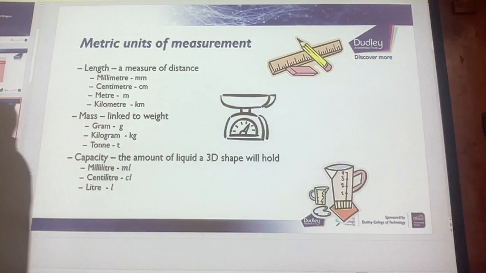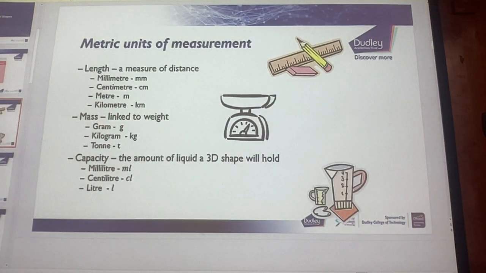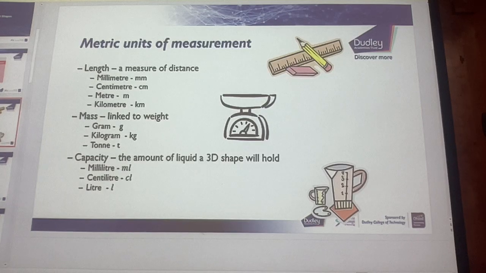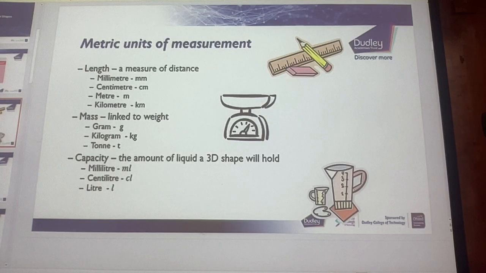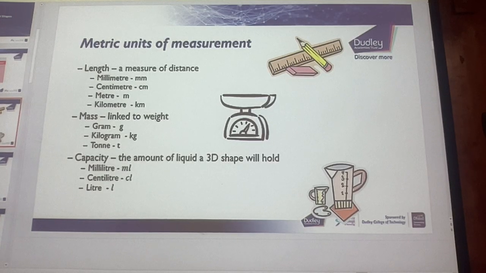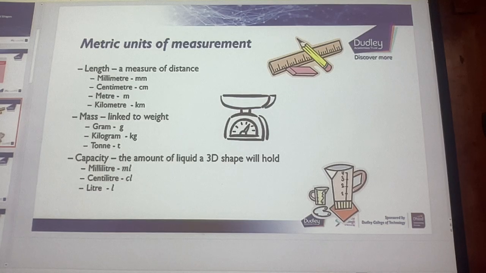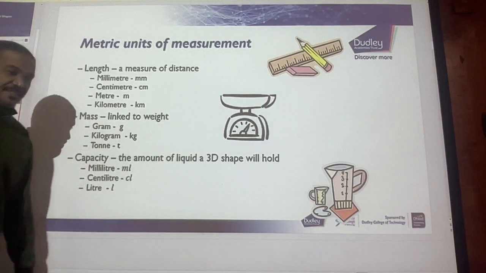Okay. Give me some English units of length. Feet. Right? Feet, inch. Pound is a unit of what? Weight, or mass.